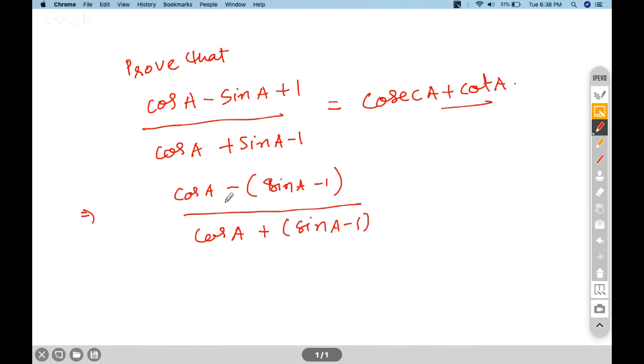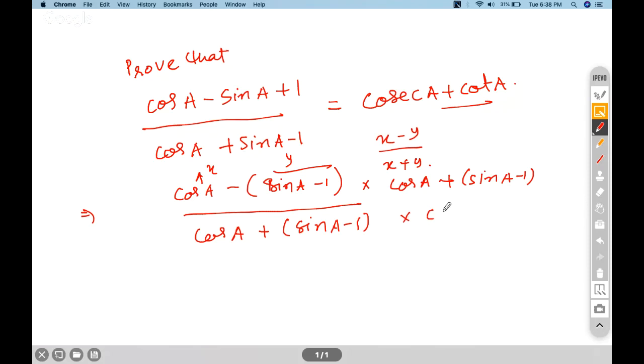So you see here, if this is x and this complete thing is y, you get the form x minus y, and you get x plus y here. So now what I'll do, I'll multiply this with cos A plus sine A minus 1, and I'll multiply the other with the same.